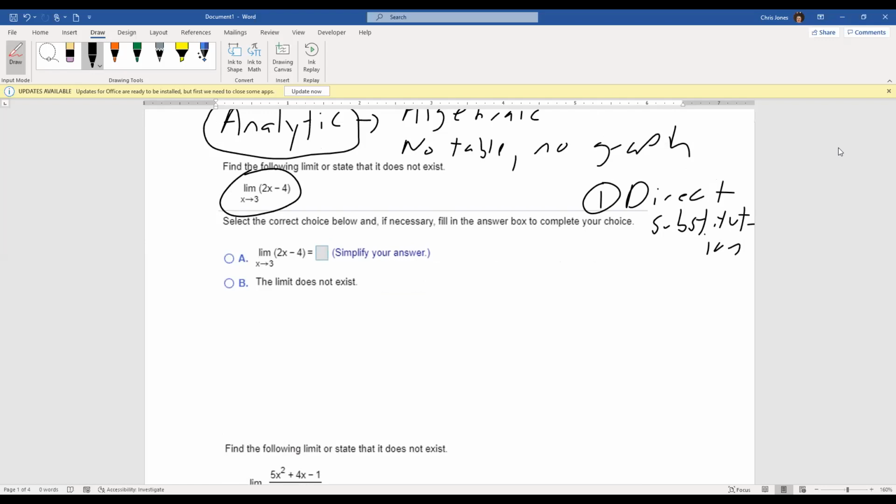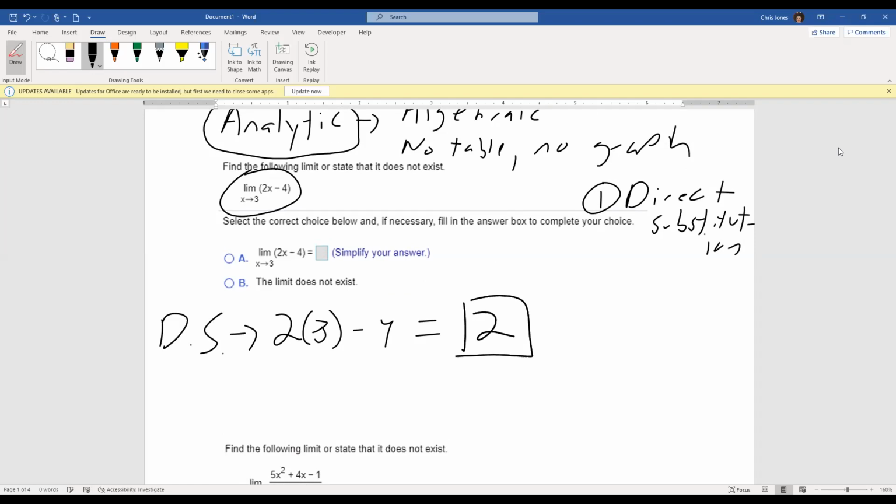This is a polynomial, and anytime you have a polynomial, its domain is all real numbers. So we can just substitute. This becomes 2 times 3 minus 4, which is 6 minus 4, which is 2. That's as easy as it gets. I'm going to abbreviate direct substitution as DS.